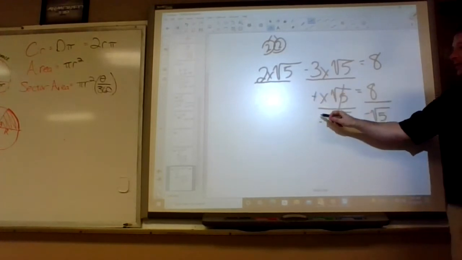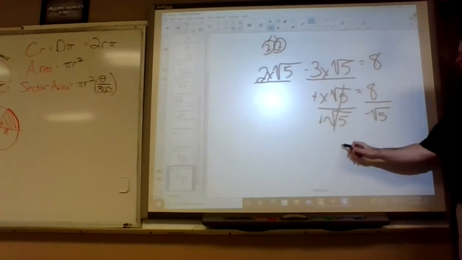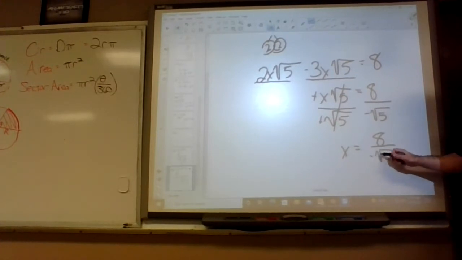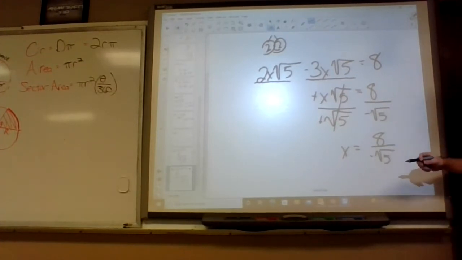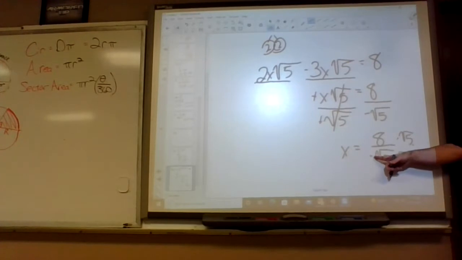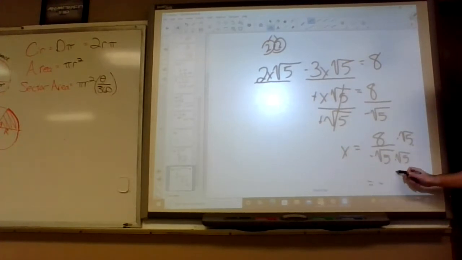So that will clean that up. This is what we did yesterday. You can't leave a square root in the denominator. So remember what we did? We multiplied top and bottom by square root of 5. So it's 8 square root of 5 over 5. But there's a negative, so it's negative 8 square root of 5 over 5.